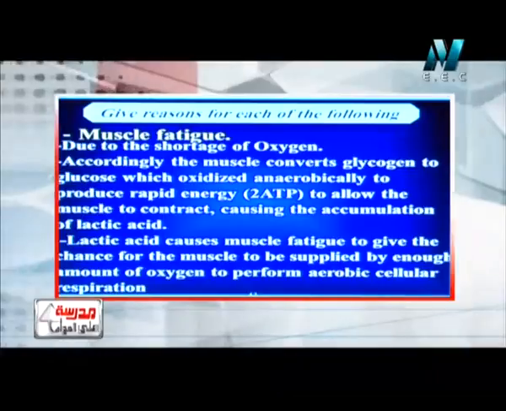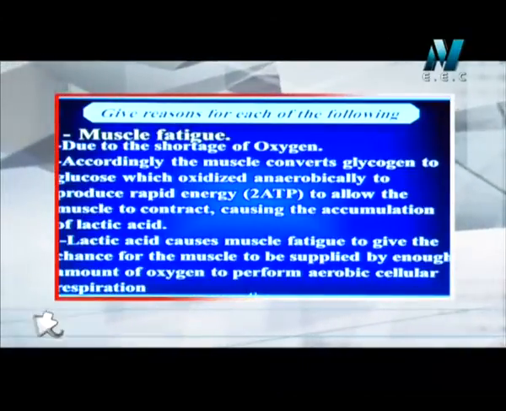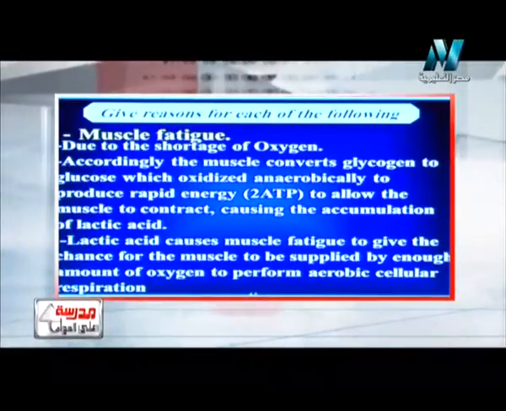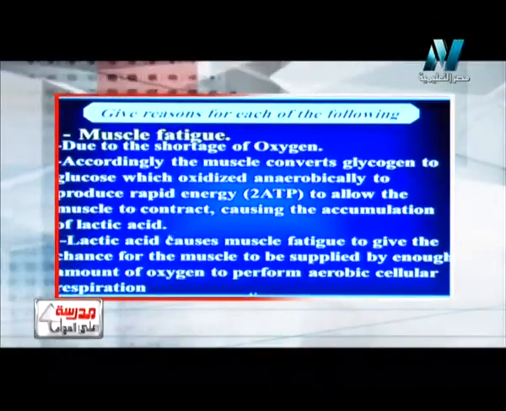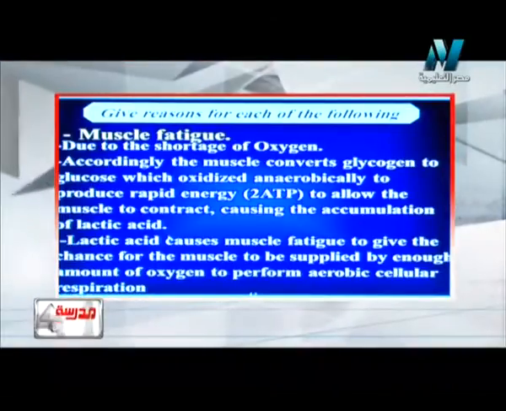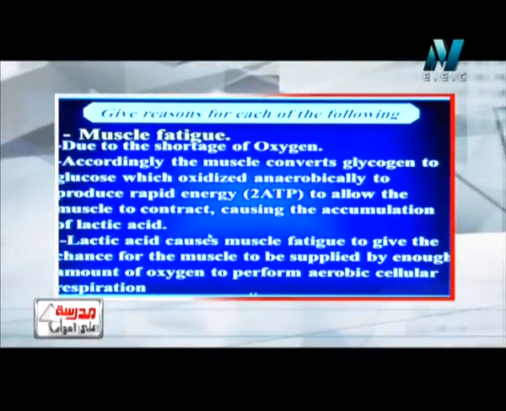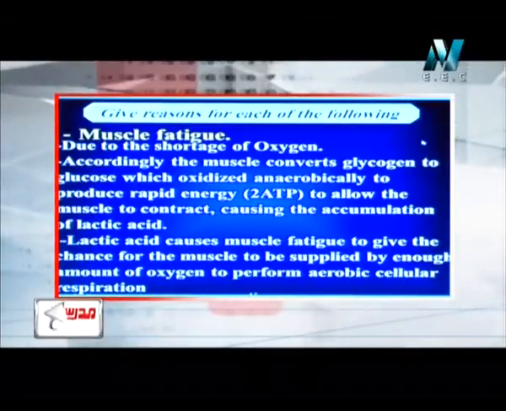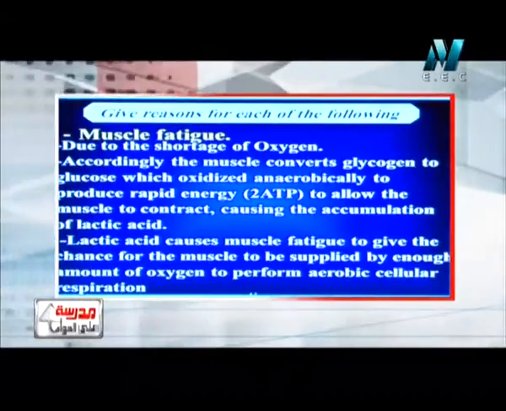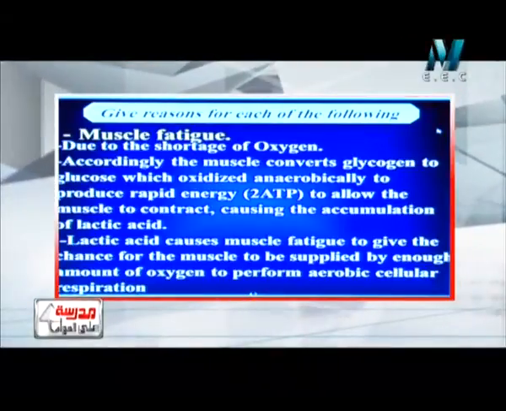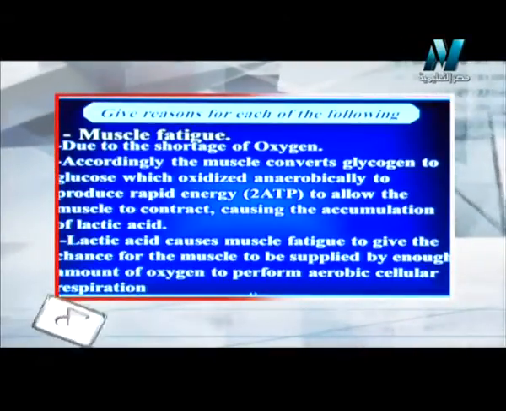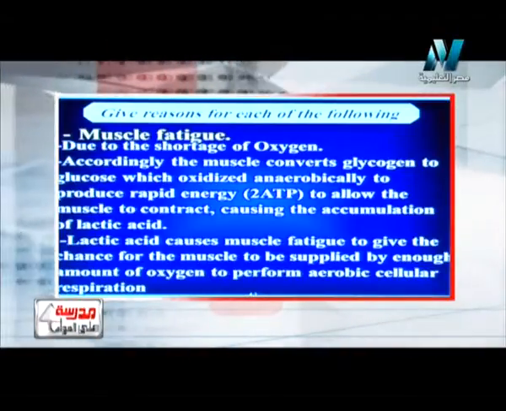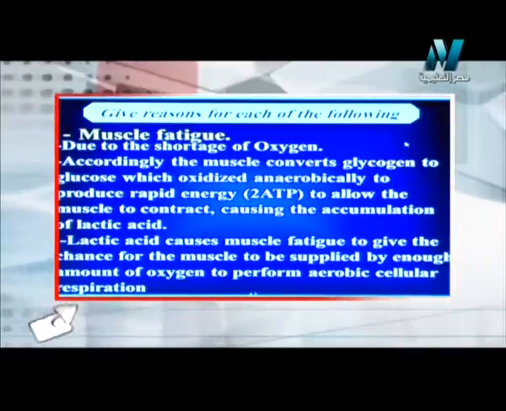This lactic acid leads to muscle fatigue, so we need the presence of oxygen and the presence of ATP to allow the lactic acid to oxidize, and also to allow the transverse links to separate from the actin filaments, which needs a sufficient amount of ATP. So muscle fatigue takes place due to the accumulation of lactic acid during the shortage of oxygen, and also during the shortage of ATP molecules, which is the energy currency of the cell.